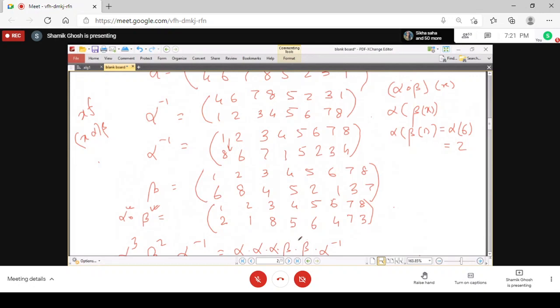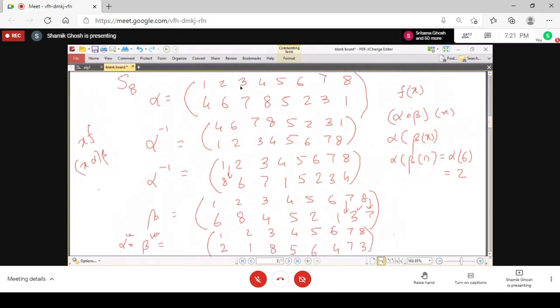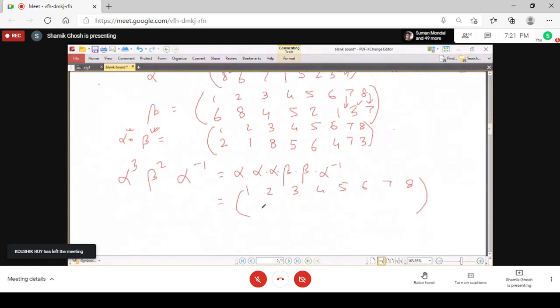There are 2 consecutive betas. So now 8 goes to 7 under beta, and then again 7 goes to 3 under beta. Now 3 is the number, and we have to apply alpha 3 times. So we start with 3 in alpha: 3 to 7, 7 to 3, again 3 to 7. So ultimately we got 7 here, and we put 7.